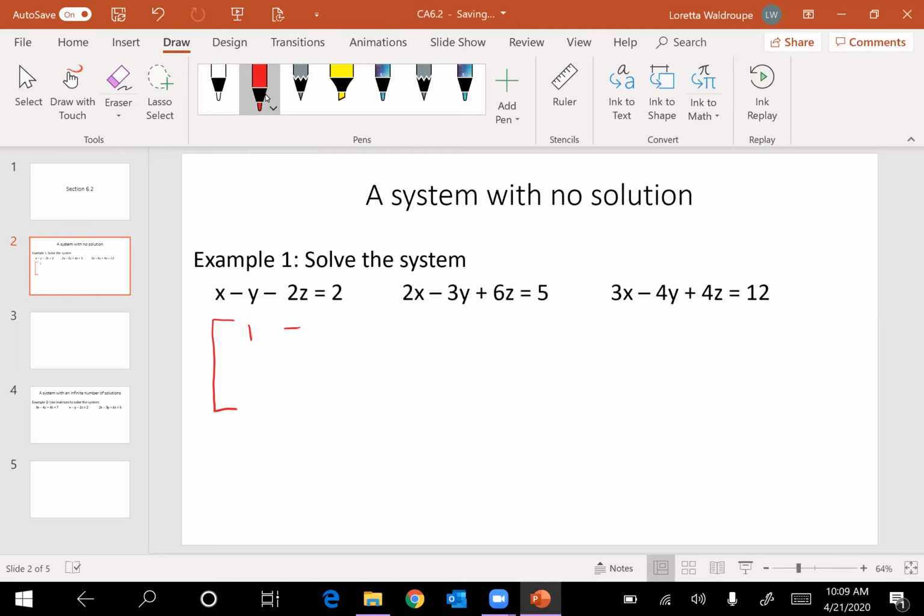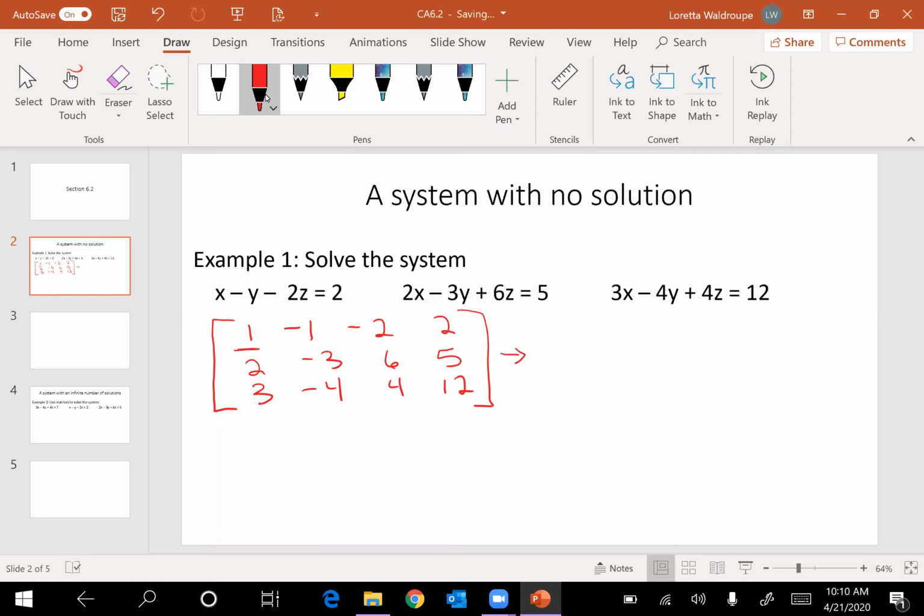1, negative 1, negative 2, 2; 2, negative 3, 6, 5; and 3, negative 4, 4, 12. So we solve these just like we did in section 1. Now in this one, it's kind of nice. They already gave us a 1 up at the top.